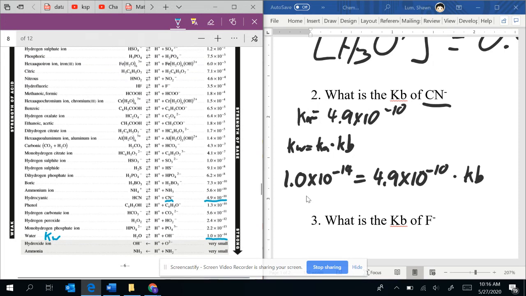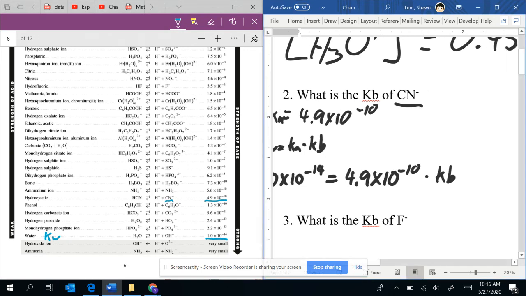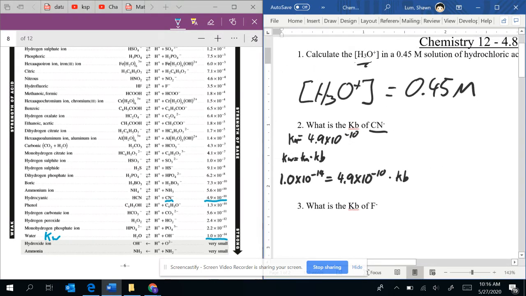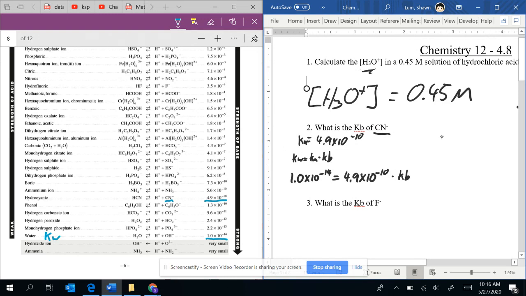So I have 1 times 10 to the negative 14 and 4.9 times 10 to the negative 10. In order to find the Kb, I'm going to divide both sides by 4.9 times 10 to the negative 10.